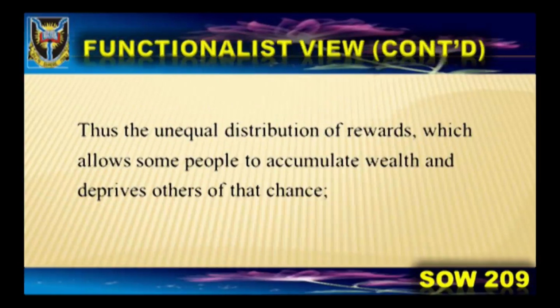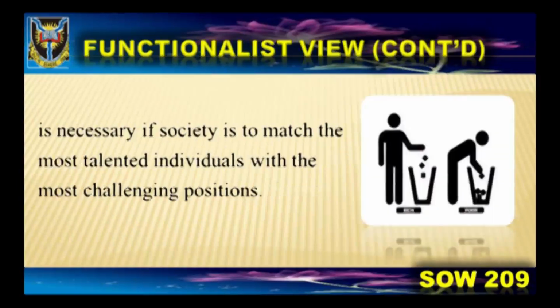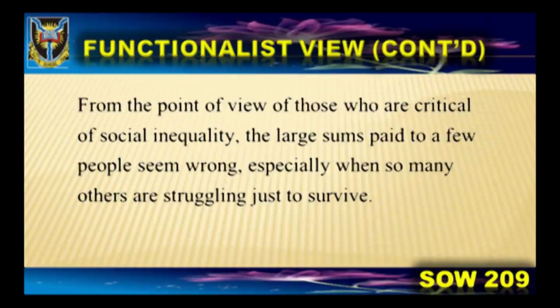Thus, the unequal distribution of rewards, which allows some people to accumulate wealth and deprives others of that chance, is necessary if society is to match the most talented individuals with the most challenging positions.